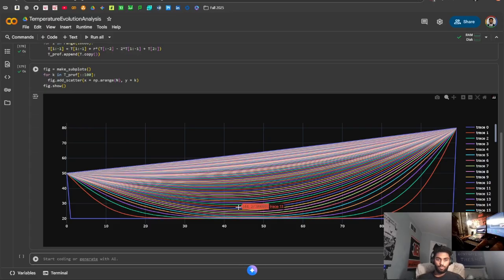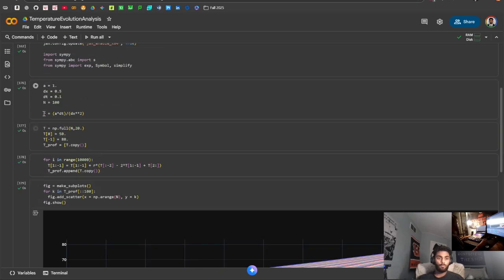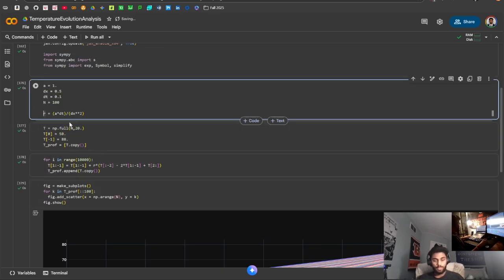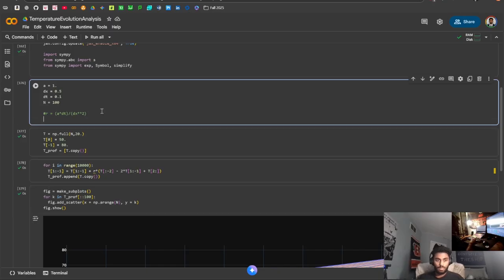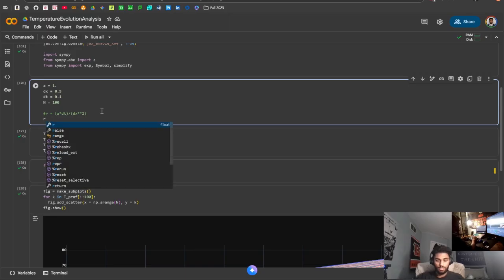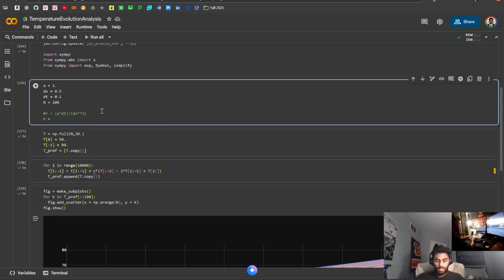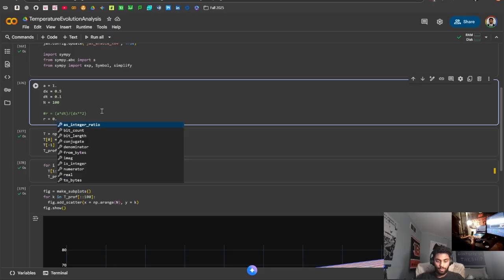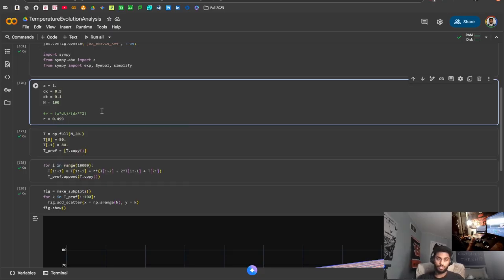So we've finally developed this nice little plot that allows us to visualize these temperature profiles as we reach a final steady state. But something that we can also be interested in is we have an R value up here that we have calculated using some defined values. But there is an analysis that we can do based on this R value and the stability of our solution.